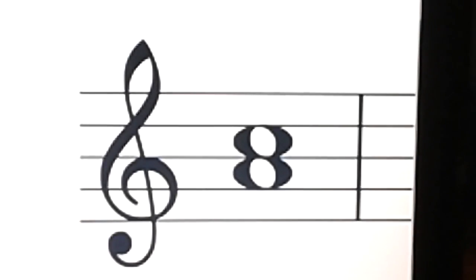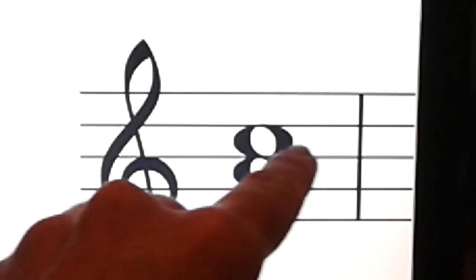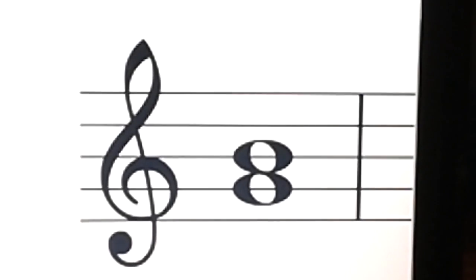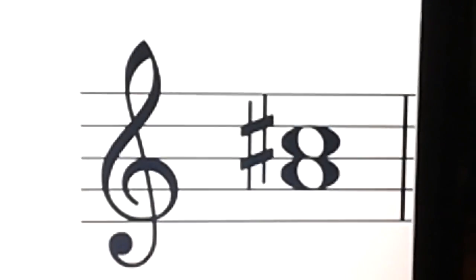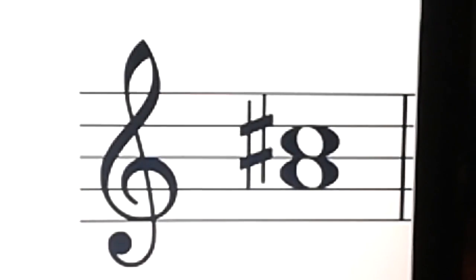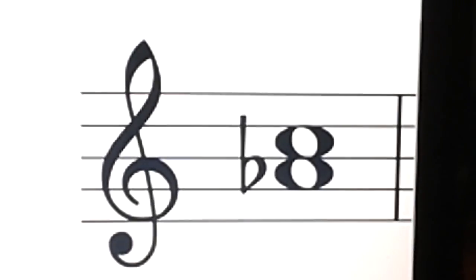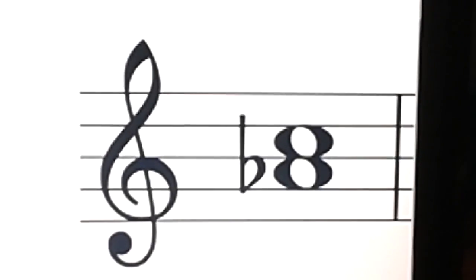And let me now remind you, that is a third. Space, line, space. 1, 2, 3. That is a third. Line, space, line. 1, 2, 3. And it doesn't matter whether one note is sharp or not. It's still a third. And it doesn't matter whether one note is flat or not. It's still a third.